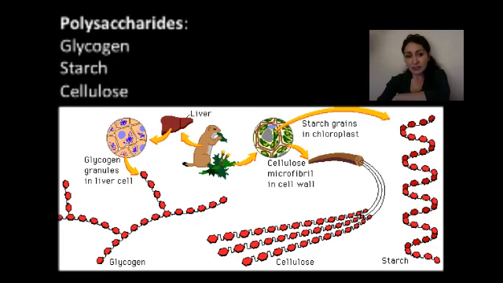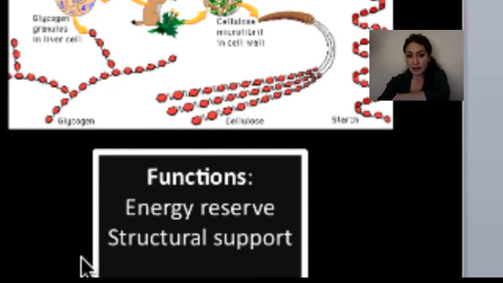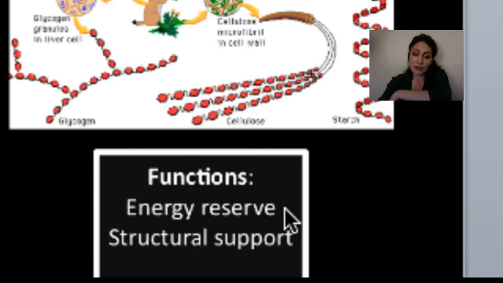So now let's look at the functions. After looking at the polysaccharides, we need carbohydrates for energy reserve, not just to eat and get energy from our food, but also when we eat excess amount of food, we need to store that extra glucose that we've consumed in the form of glycogen. And plants need to store glucose as well, but they do so in the form of starch.